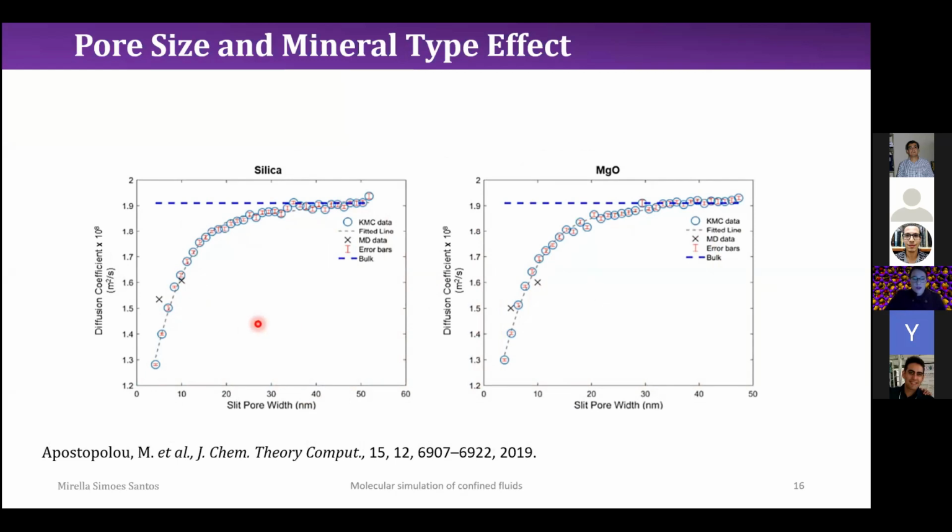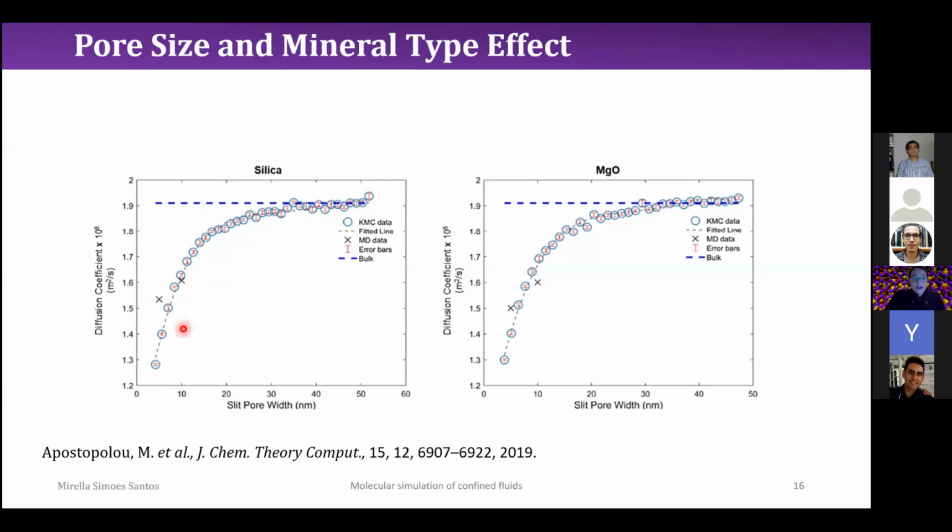I'll be showing the others in a second. And we have, again, our dotted line describing the bulk density. And we have axes here that describe the data from MD simulations. So we use the 5 nanometers, and the 10 nanometers was not used as an input for the kinetic Monte Carlo algorithm.